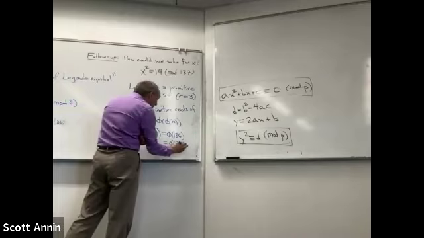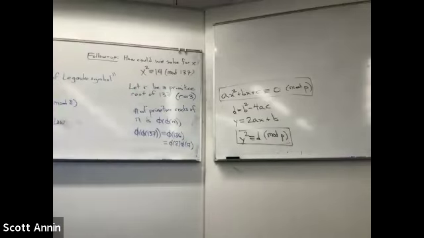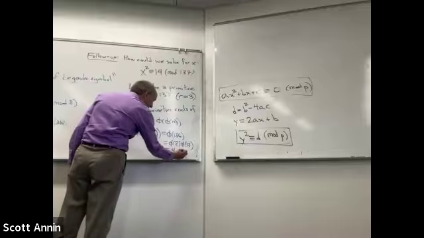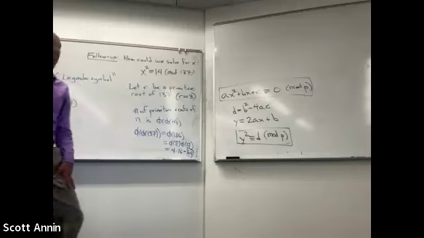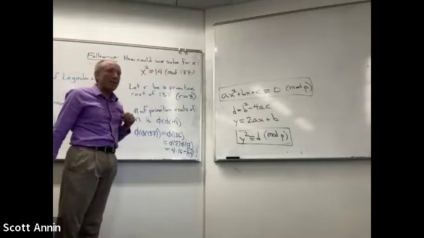No, 17. There we go. Yeah, 136 is just 8 times 17. And then phi of 8 is 4, and phi of 17 is 16. So you would end up getting 64 primitive roots for the number 137.